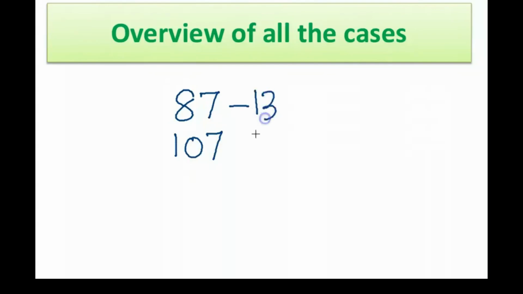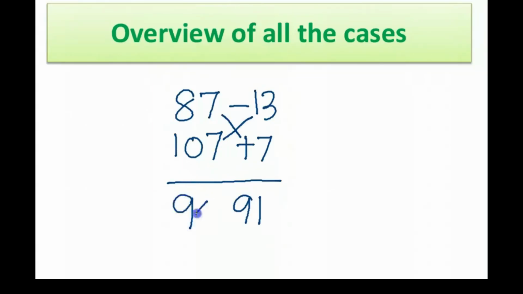So 87 is 13 less than 100 and 107 is 7 more than 100. Again, the first step goes like this. I multiply 13 into 7, which gives me 91, and either I do 87 plus 7 or 107 minus 13. Whatever I do in the cross direction, I get 94.